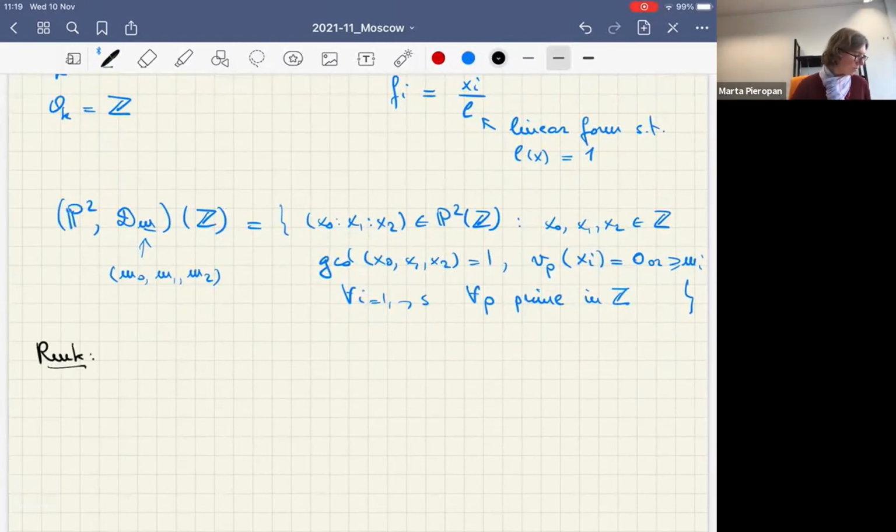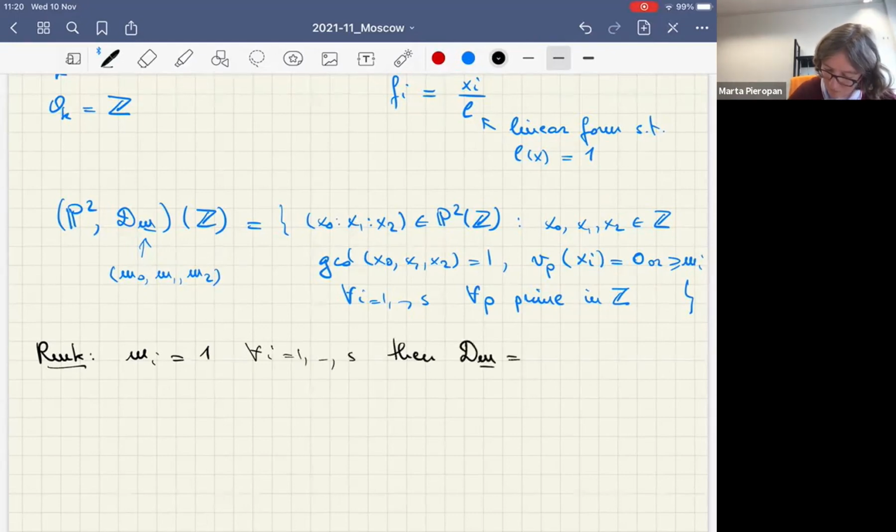So we have two things to look at to be able to relate this to what we know. This is true in the example, but also in general. If we take mi equal to 1 for every i, then this divisor Dm is 0.